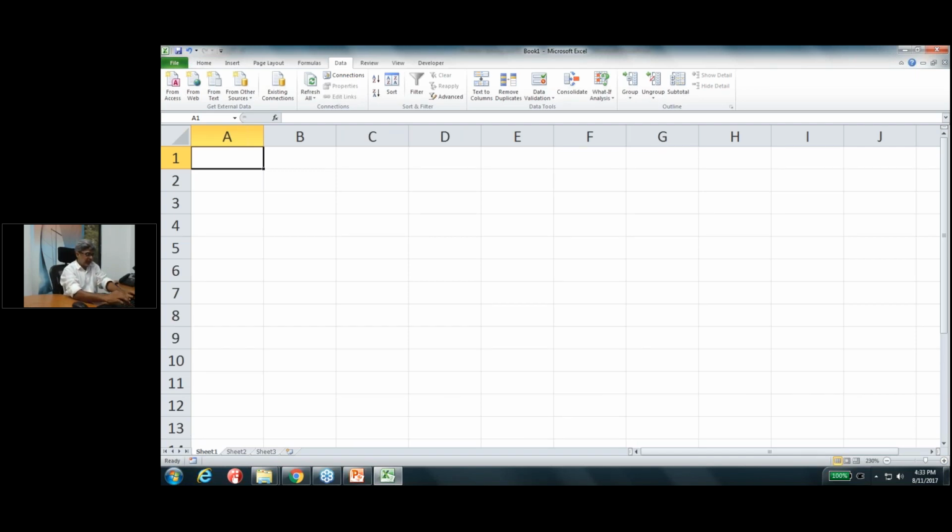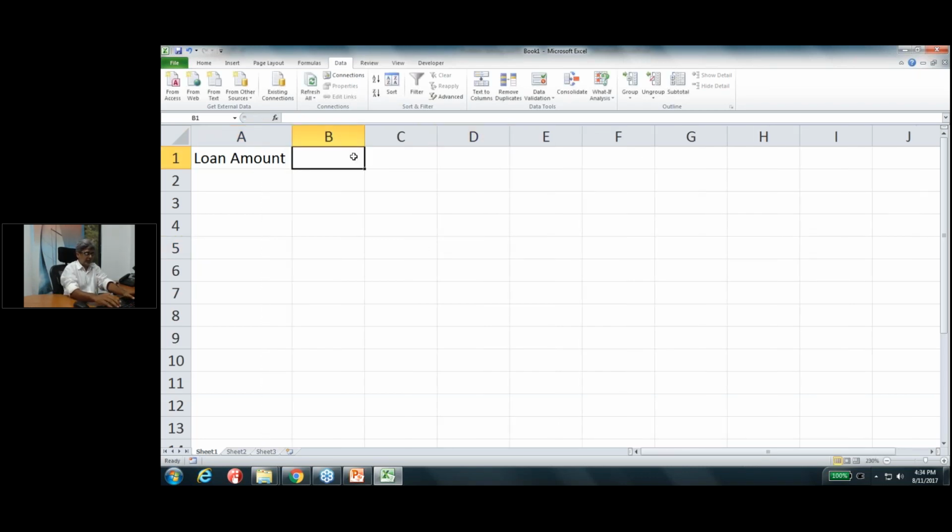Just type loan amount, and say maybe we want rupees 300,000 from the bank.